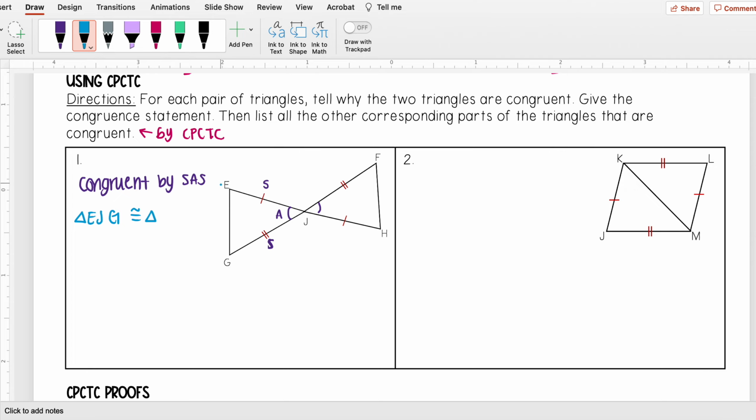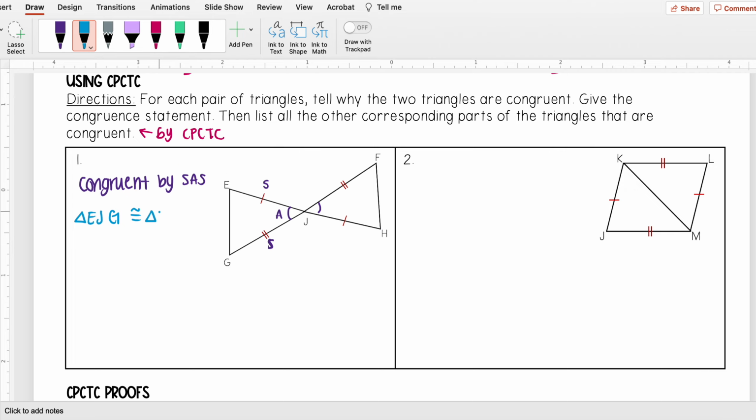I noticed here on my first triangle that my angle E is between a side that has one tick mark and a side that does not have a tick mark. So I want to find that same angle on this other one that's corresponding. And I see that's angle H, because angle H is between a side with one tick mark and a side with no tick mark.